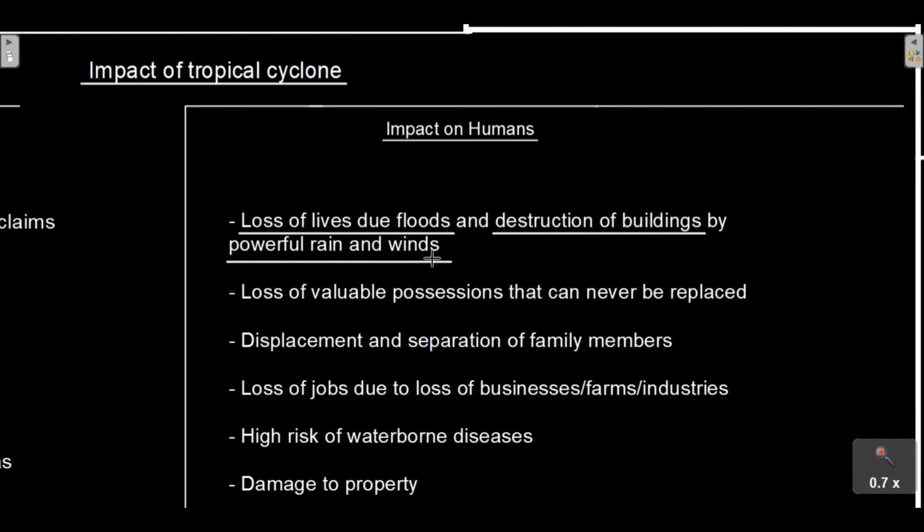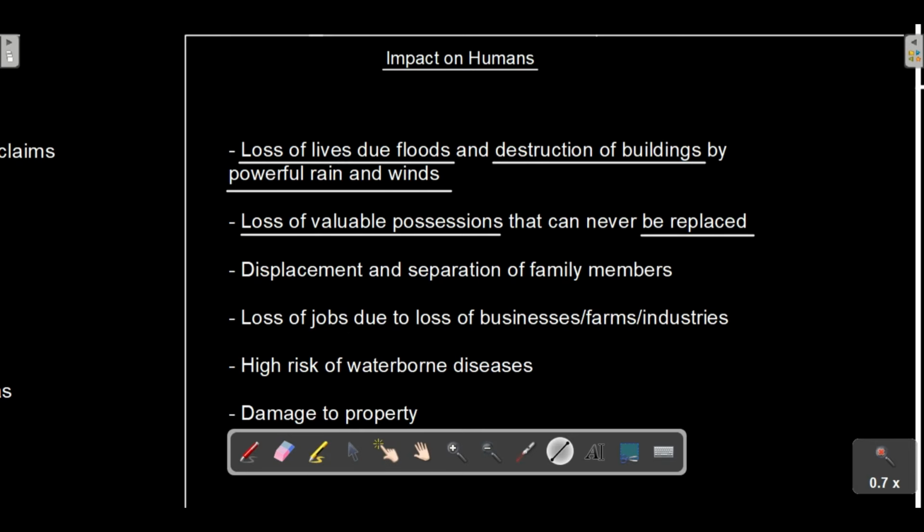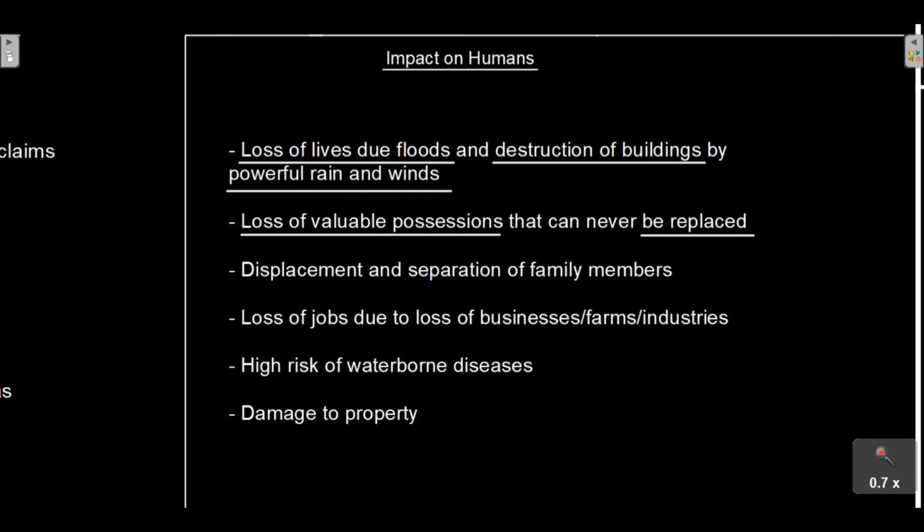So we see loss of lives, we see loss of valuable possessions that can never be replaced. You might have a very important gift from, let's say, your grandparents, or a picture or something that is of value to you that you cannot just sell to anyone because it has a lot of meaning in your life.